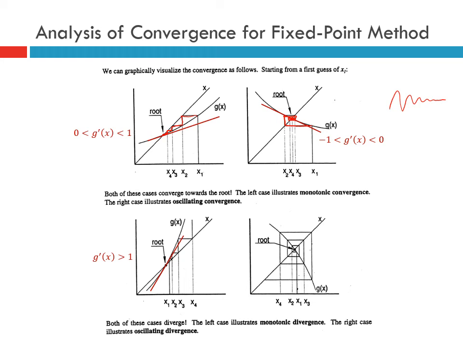So if this is my x1, instead of going towards the root, I'm actually going away from the root. And on the right-hand side here, my derivative is negative, and its absolute value is greater than 1. So again, it will diverge, and in this case, it will diverge in an oscillatory fashion. So if this was x1 here, instead of going towards the root, we just continue to oscillate away, and it diverges.